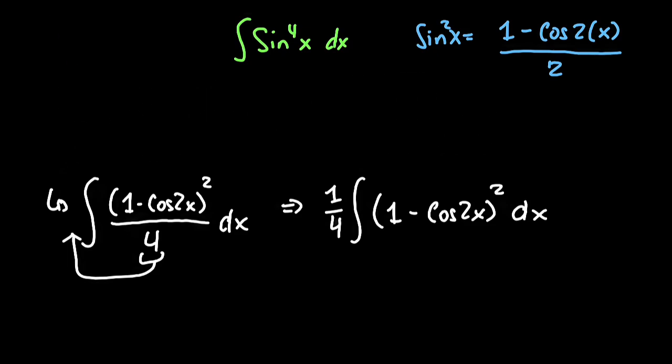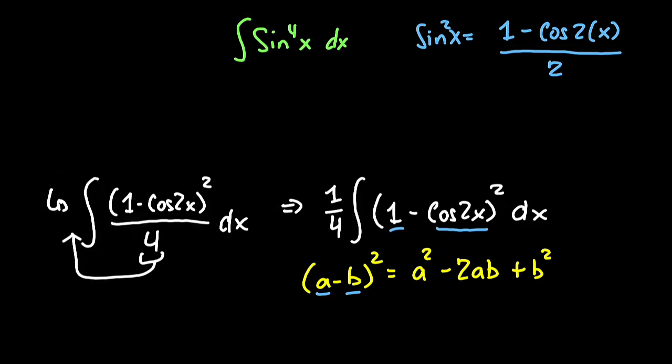The next step would be to expand this expression. Just a reminder, the formula for this would be a minus b squared would be equal to a squared minus twice of ab plus b squared. Note that a here represents 1 and b here represents cosine of 2x.